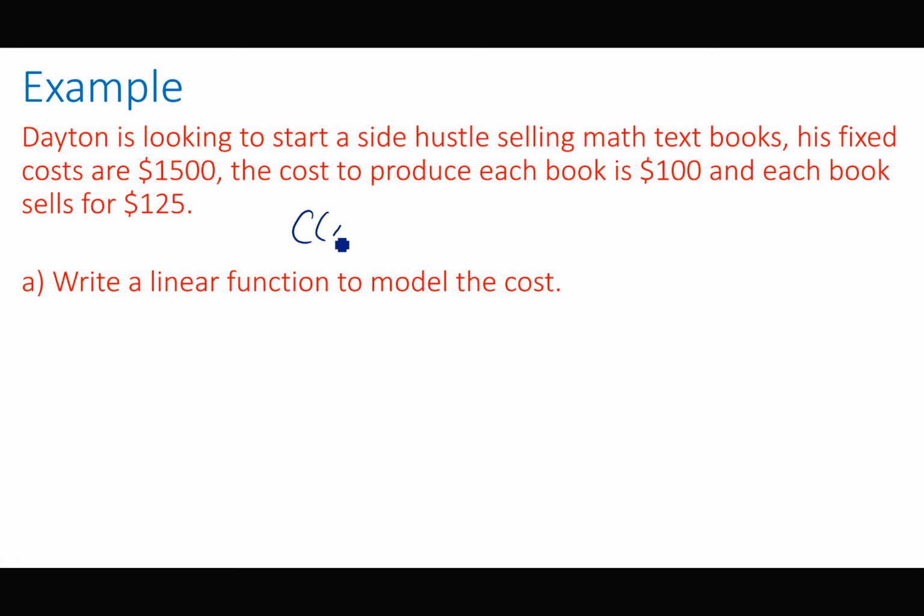And we know that C of X is going to be equal to M times X plus B. From this paragraph setup, what is B for this one? 1,500. So our cost function C of X, we know we're going to have this 1,500.